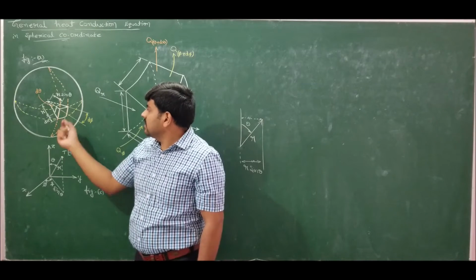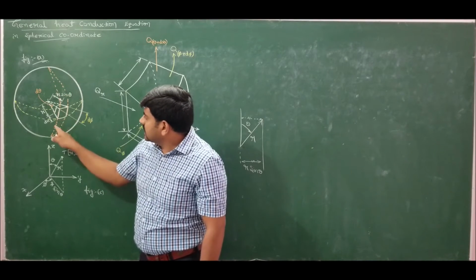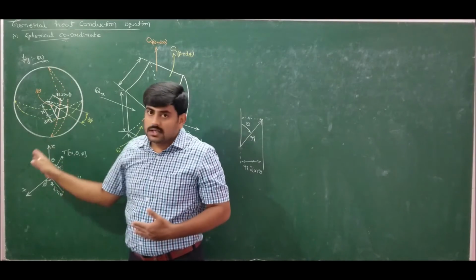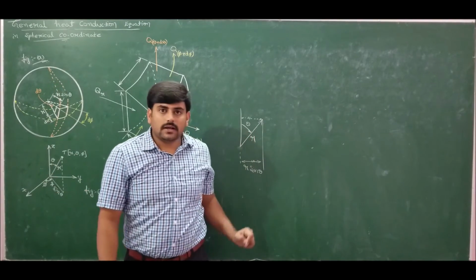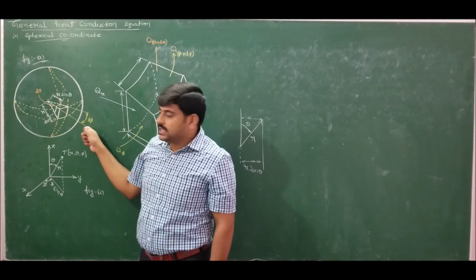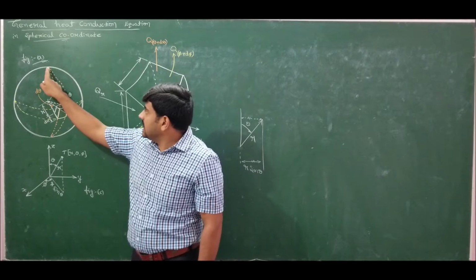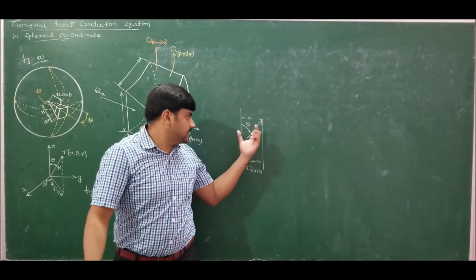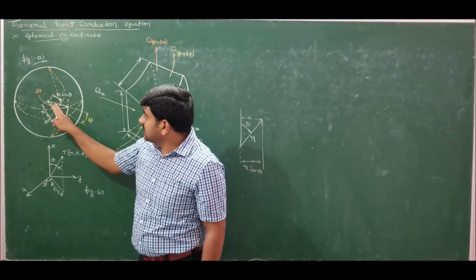Now for this element in the vertical direction, the angle is d theta, whereas in the horizontal plane, the angle is d phi. The distance r is the radius in the vertical plane, whereas in the horizontal plane, it is a projection, that is r sin theta.